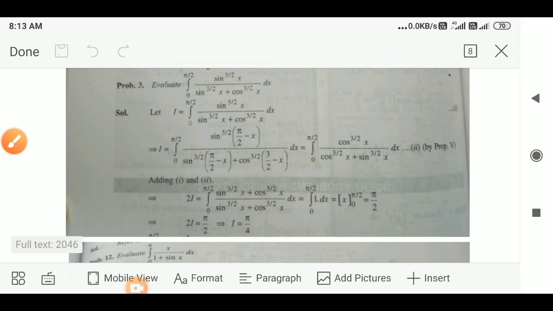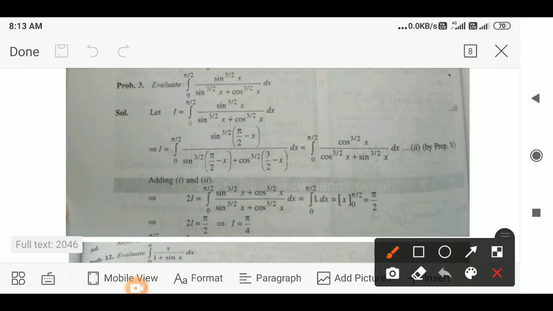So we get another I. One I is from the original and another I from this. By putting the values you get this result. Now adding both this and this, you add I and I, that is 2I, and in this result you get integral 0 to pi by 2 of sin power 3 by 2 x plus cos power 3 by 2 x upon sin power 3 by 2 x plus cos power 3 by 2 x, both will cancel out.